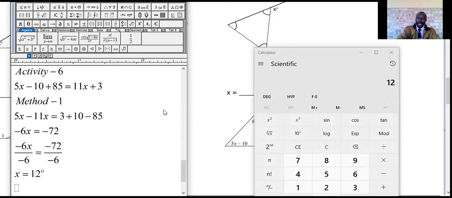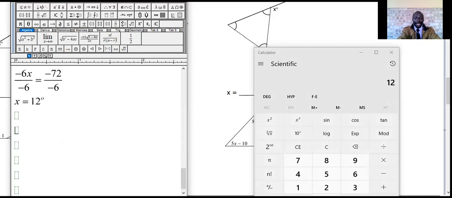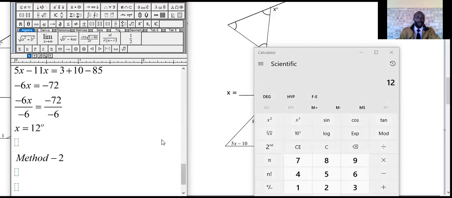Right away. Now, the other method that I wanted to show you is the second method. In this second method, what we want to do is to transfer x, which is on the left-hand side, onto the right-hand side. So what we have here is this. We have this as our equation.